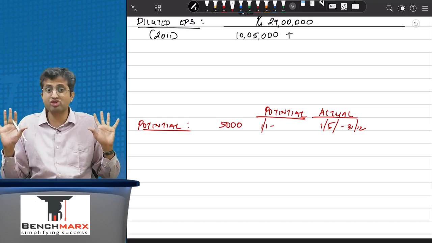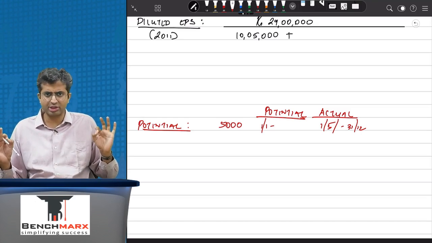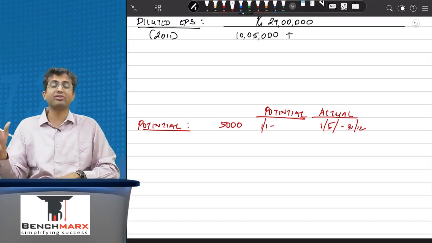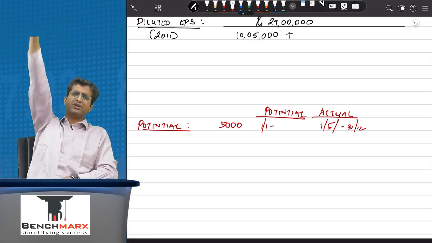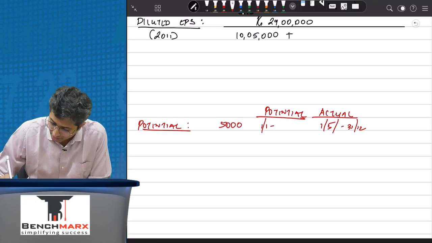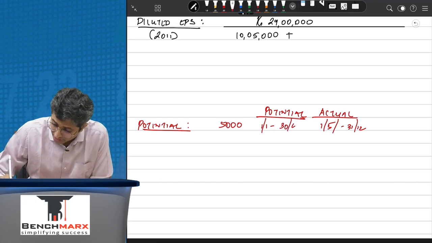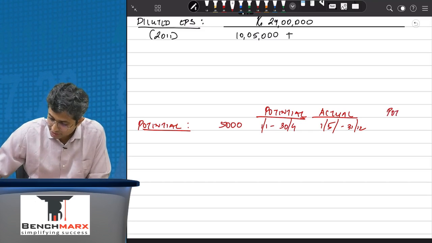So they are potentially issuable. And if the current period were to be the end of the contingency period, then these 5,000 shares are issuable, and technically they are issuable from 1st of January, that is the very first day. However, as a matter of fact, they were issued on 1st of May. However, they are issuable from 1st of January, and hence they are potential for the first 4 months.